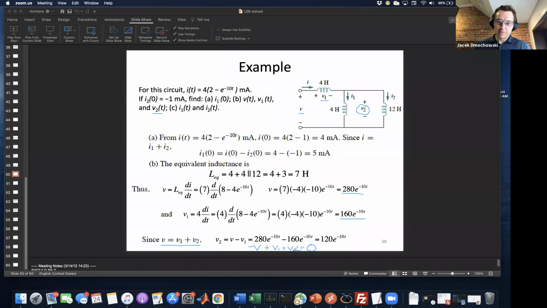We have a solution for V1, that's here. And so the remainder is 120 times e to the minus 10t. So now we have this solved, this solved, this solved, and this solved. And we need a solution for I1 of t and I2 of t.